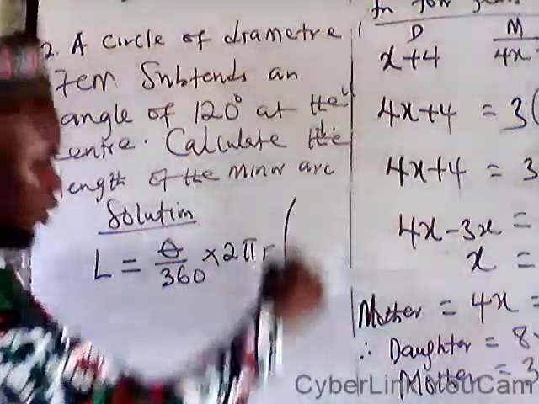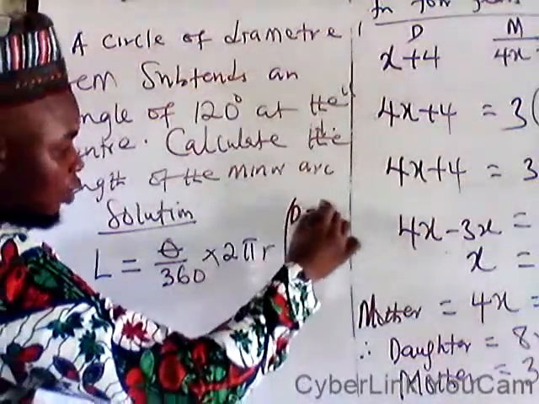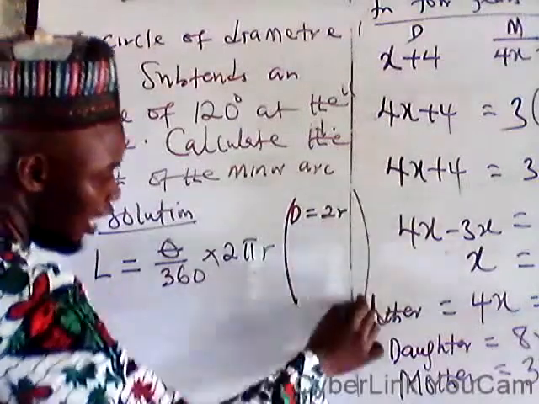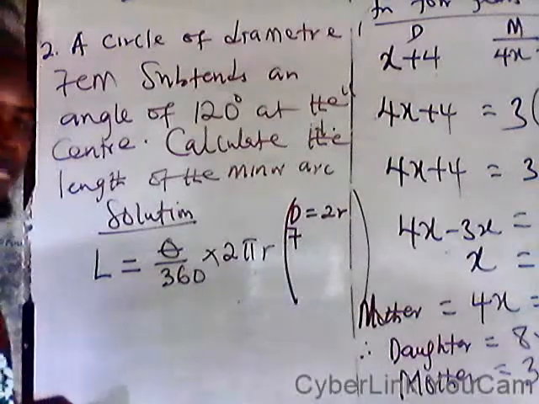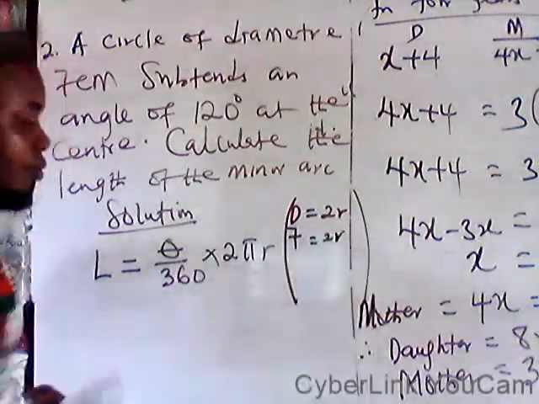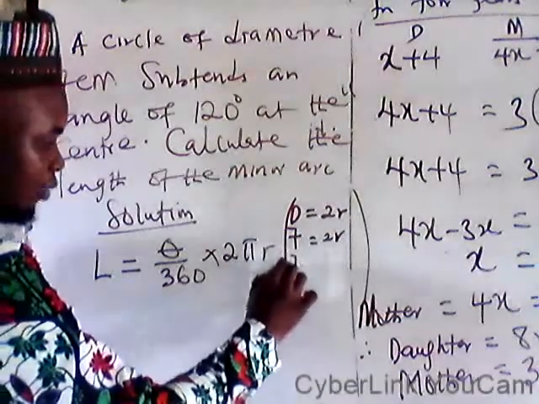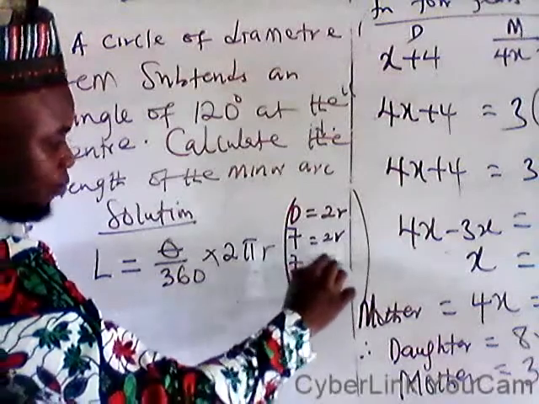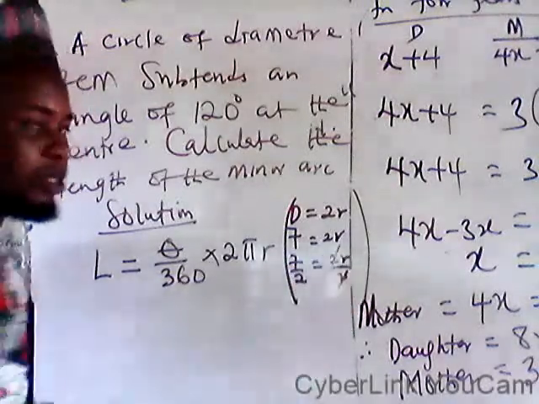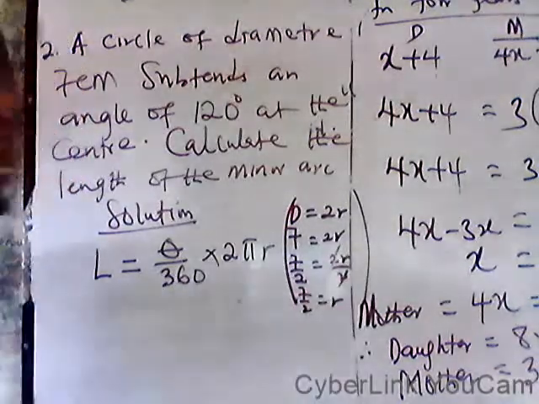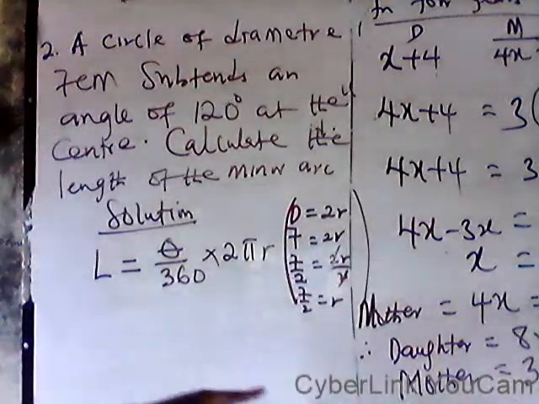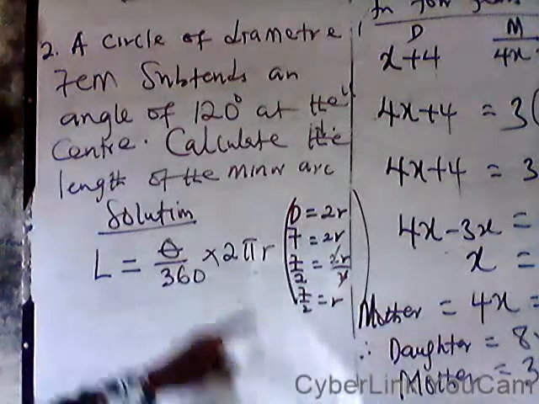We all know that diameter is always 2 radius, right? And from here, diameter is 7. That is, it will be 2r. Divide by 2, we cancel this, meaning that 7 over 2 will be the radius. So from here, our radius is 7 over 2.